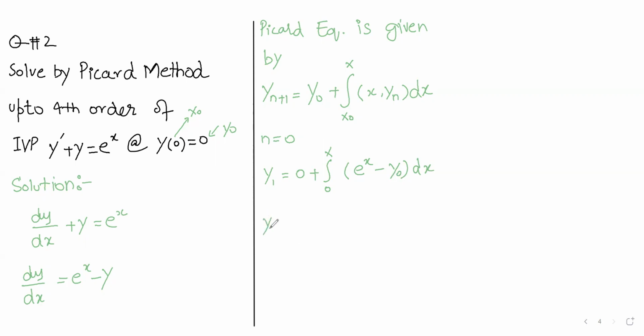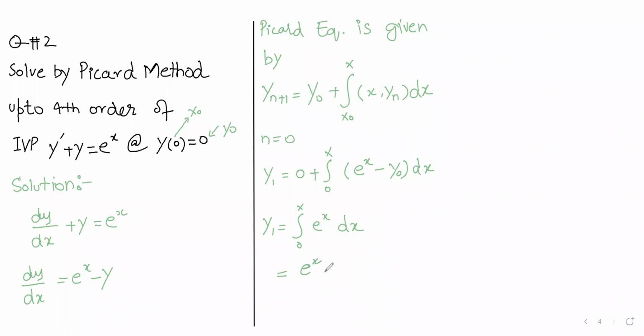So y1 will be equal to integral, this is 0, so I will remove it, 0 to x, and this y naught is also 0, so we will put e^x dx. So what is the value in here? You can say that integral of e^x is equal to what? It is, I think, integral of e^x is also e^x, right?